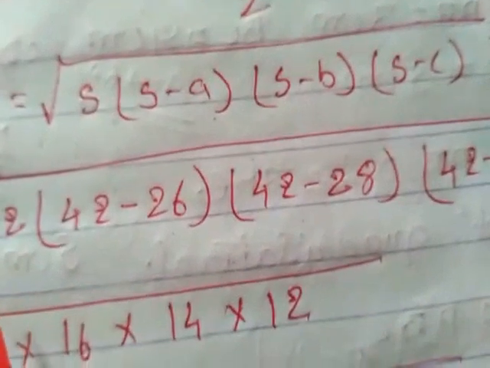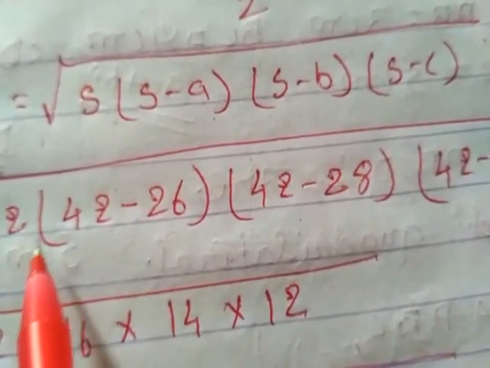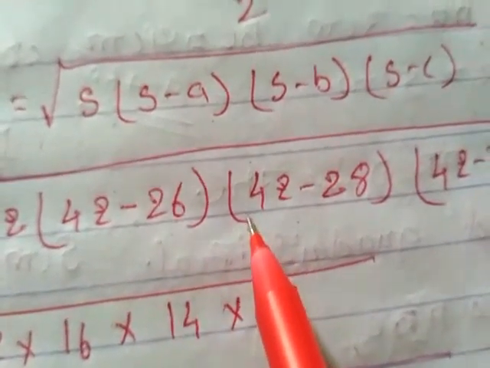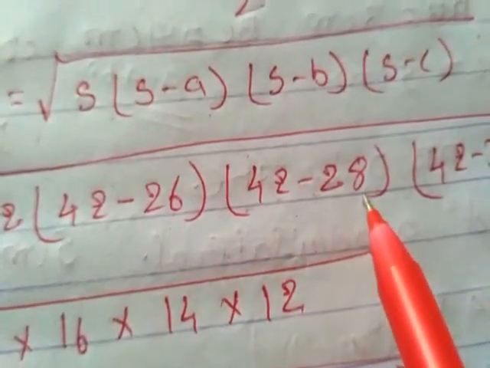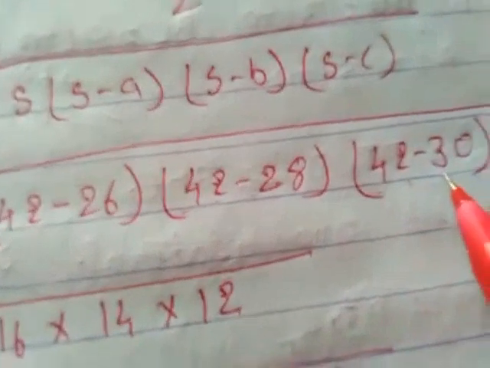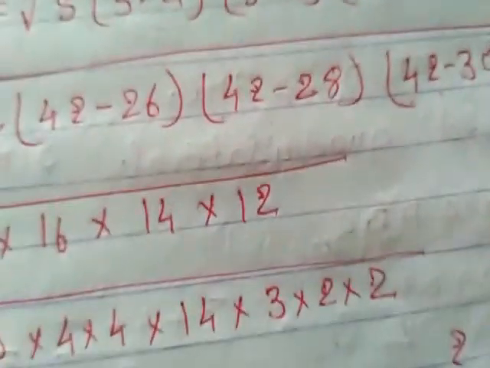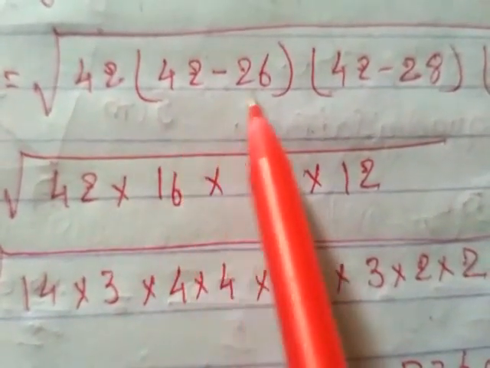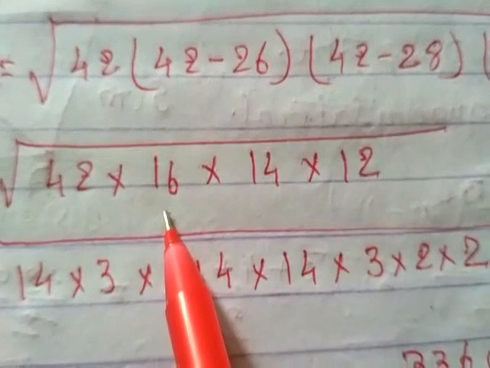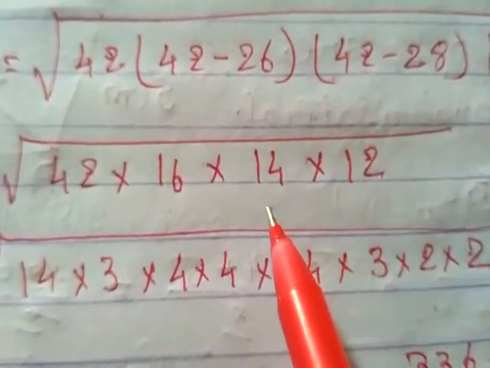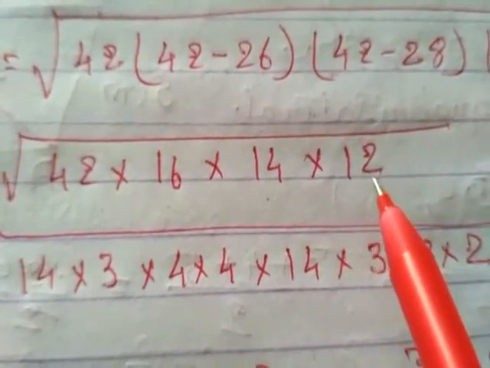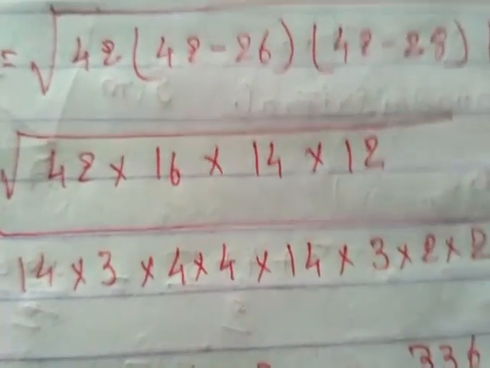S was 42 centimeter, so 42 minus 26 into 42 minus 28 into 42 minus 30. On further solving, we have 42 into 16, 14, and 12.